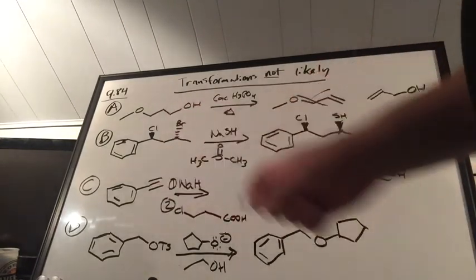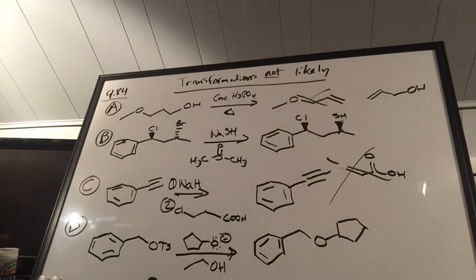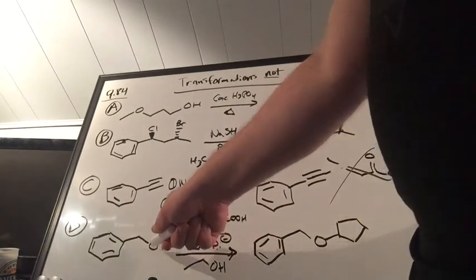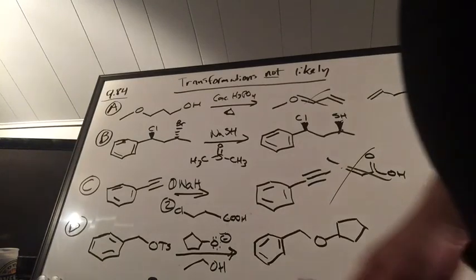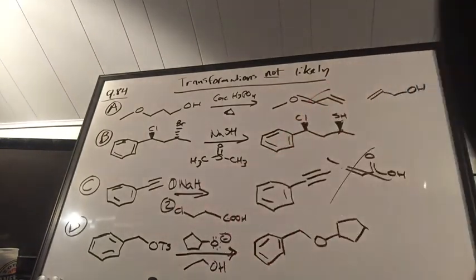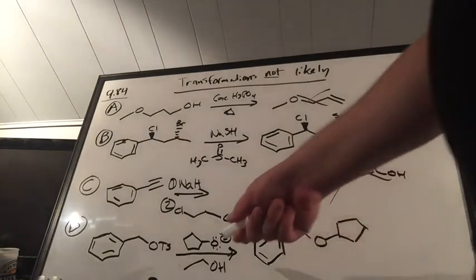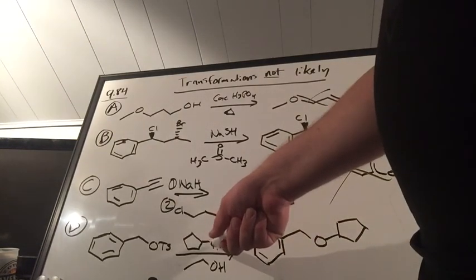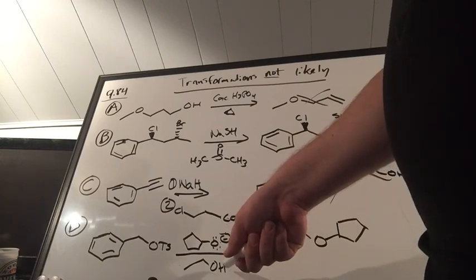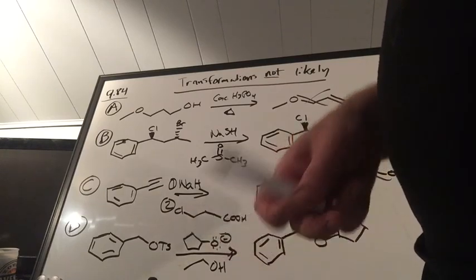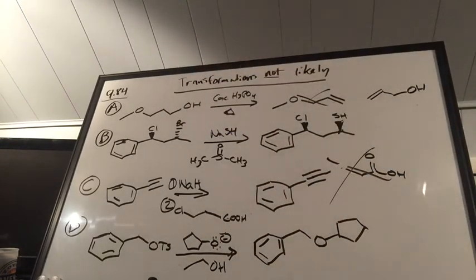And then lastly, for D here, OTs is going to be the leaving group that you want to boot off, presumably by an SN1 or SN2 substitution, or SN1 if it was under these conditions. The problem with this is that this anion is going to be fighting for this hydrogen as well. So they're going to be near the same pKa, which is going to be sort of an issue.